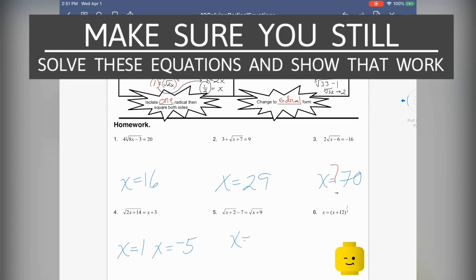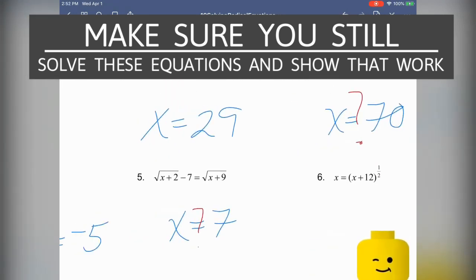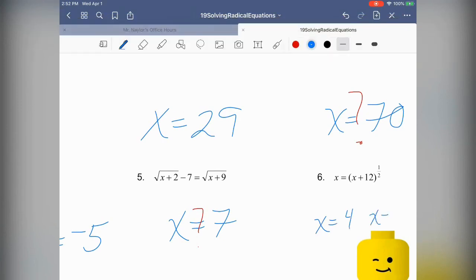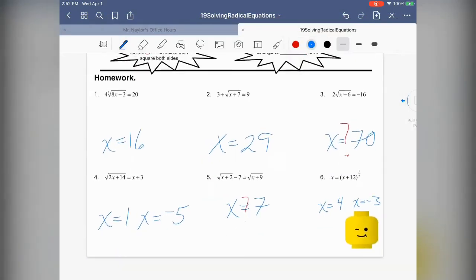You should get x equals 7 for this one, but again, we'll put a little question mark as you can work out the rest of that. And then for this last one, you actually will end up getting 4, and you will get negative 3, but one of those also you're going to end up crossing off.